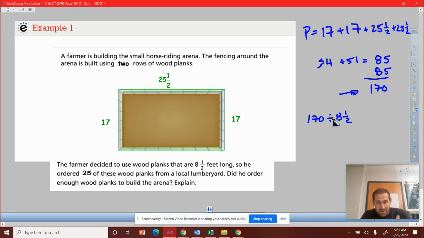We could literally just take 170 and turn 8.5 into a decimal, and you could do your long division with the decimal, or we can turn this into an improper fraction. And when we're dividing by fractions, we keep change flip. I think that's the process I'm going to go with for now.